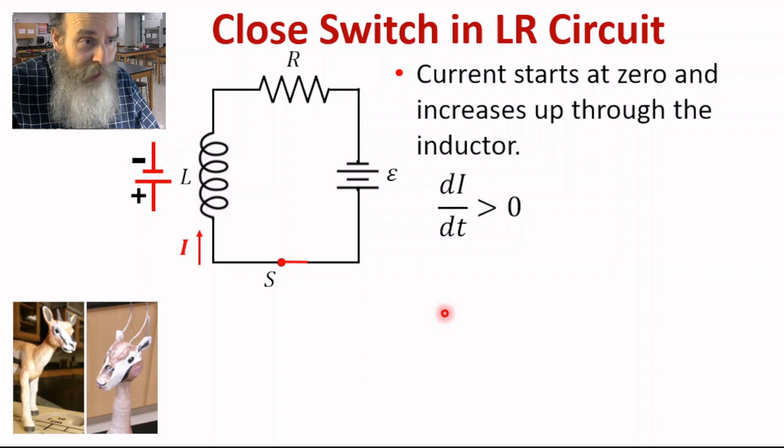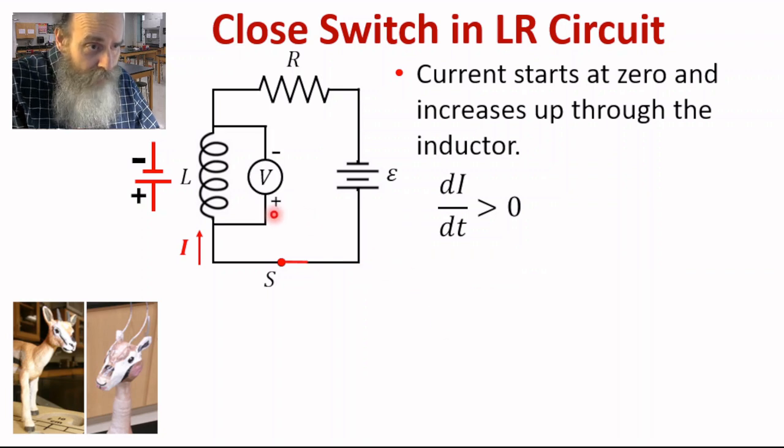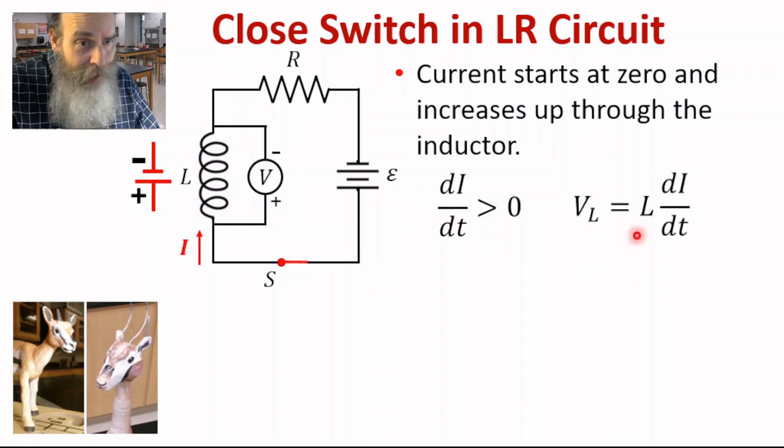This will oppose the increase in current up through the inductor. And if we measure the voltage across the inductor with the positive terminal of the voltmeter here, negative terminal up here, the measured voltage, VL, is L di by dt, and that's going to be a positive number.